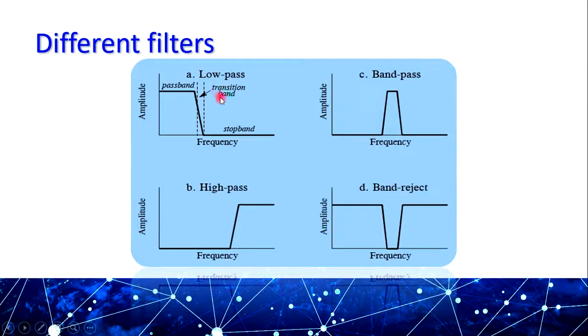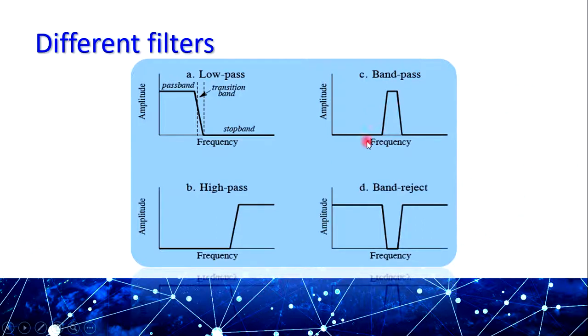There are different types of filters: low pass filter, high pass filter. A low pass filter allows low frequencies to pass and high frequencies to stop. There is a cutoff frequency, after that the filter blocks the frequencies. A high pass filter blocks low frequencies and allows the high frequencies to pass.